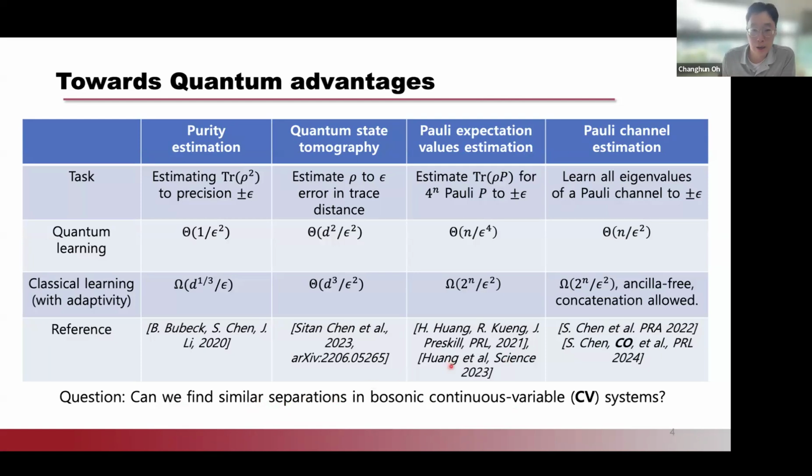But why it's very difficult is that in bosonic continuous variable systems, you will have an infinite dimensional Hilbert space. So that makes it quite hard to rigorously prove exponential separation. And our main technical contribution is to overcome this obstacle and prove a rigorous exponential separation.